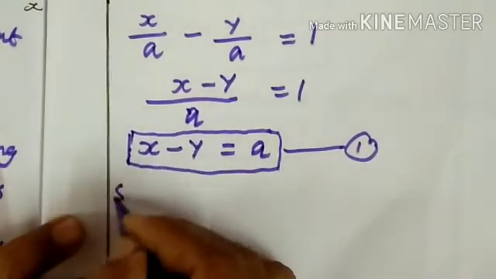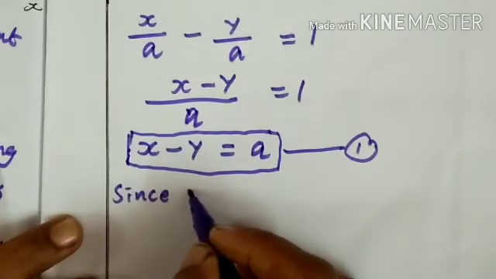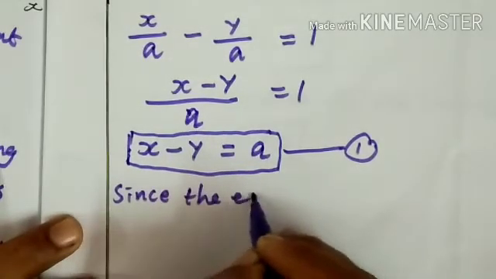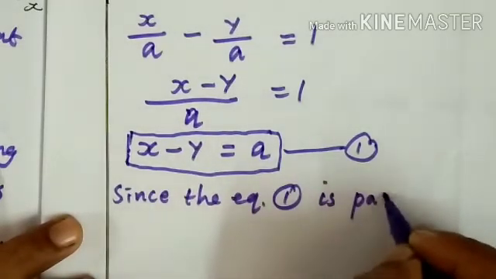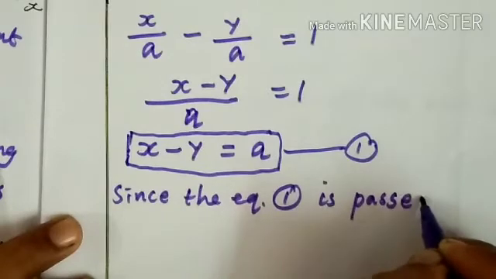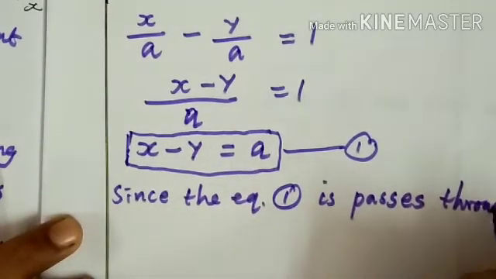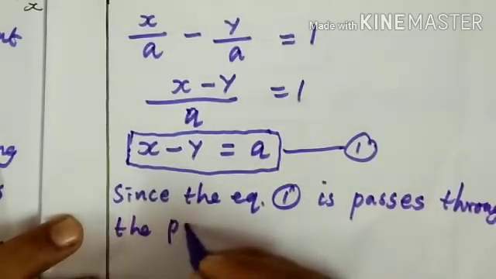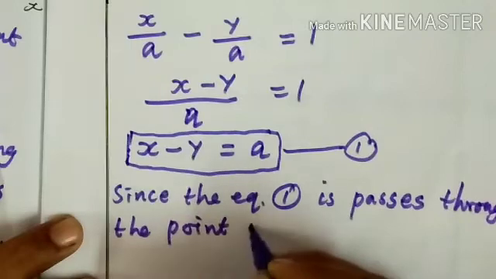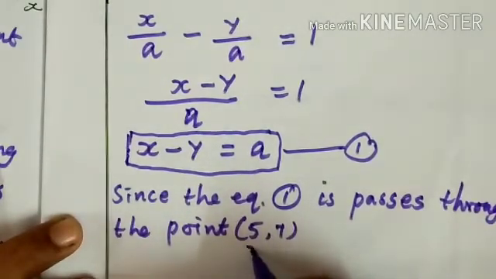Since equation 1 passes through the point (5, 7), let us assume this point as x, y.